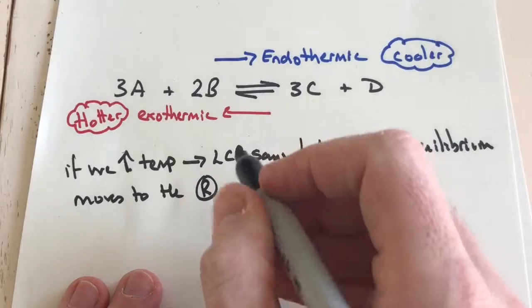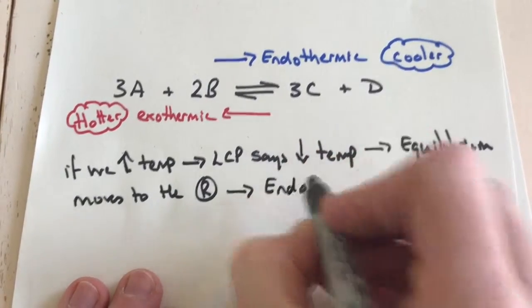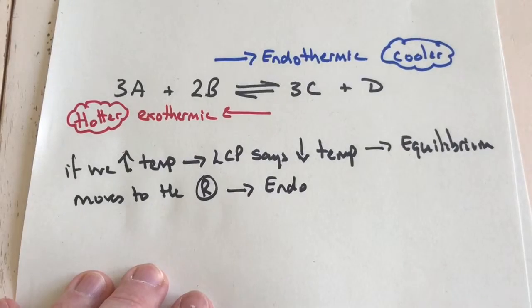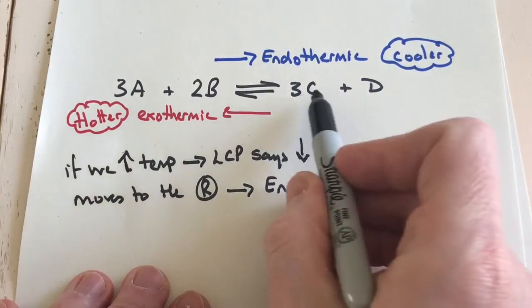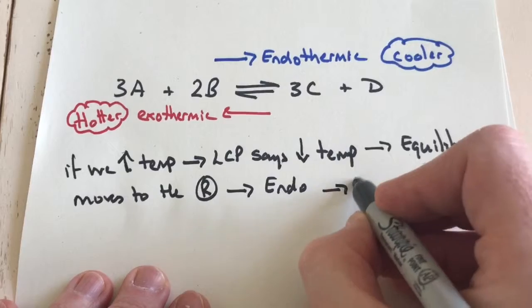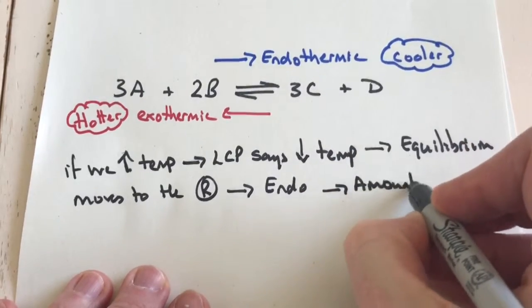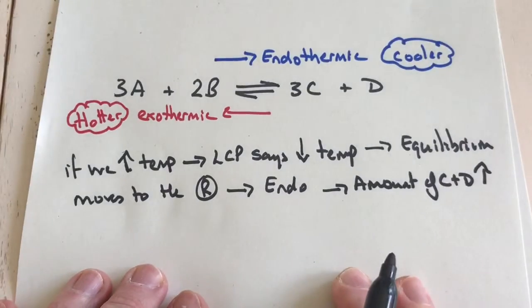And why does it do that? Because in that direction, the reaction is endothermic, and that's going to cause it to become cooler. What will that do to the amounts? That's going to cause the amount of C and D to increase.